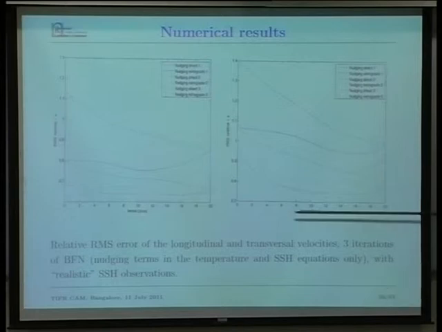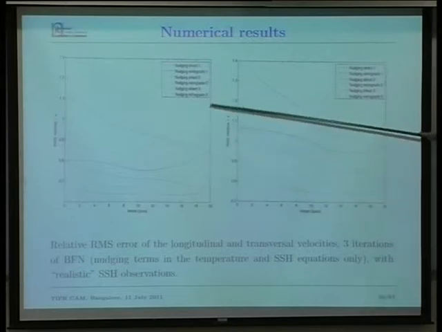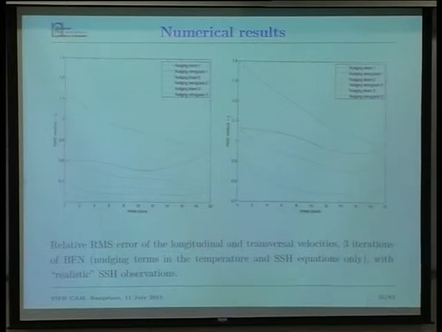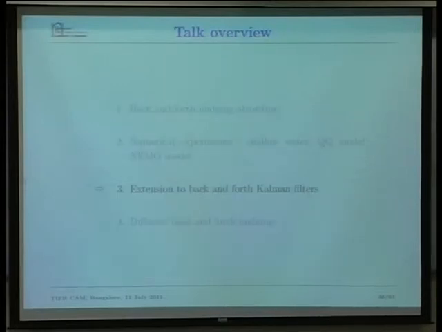So the error is increased, but still you see the decrease of the error during the iterations. It's only partial results, but we have a new PhD student that is going on.